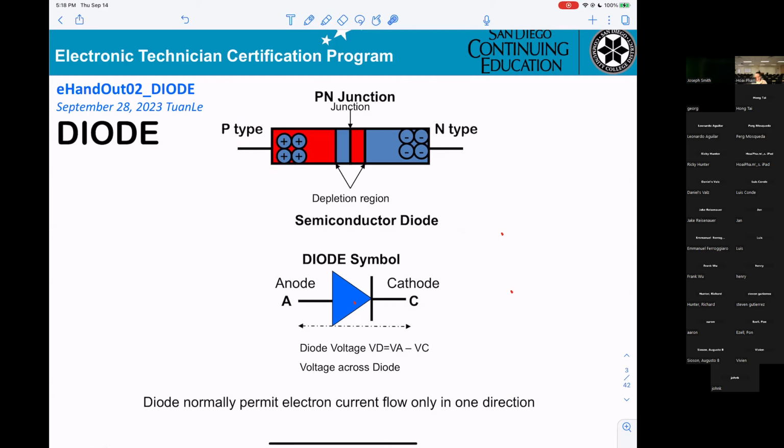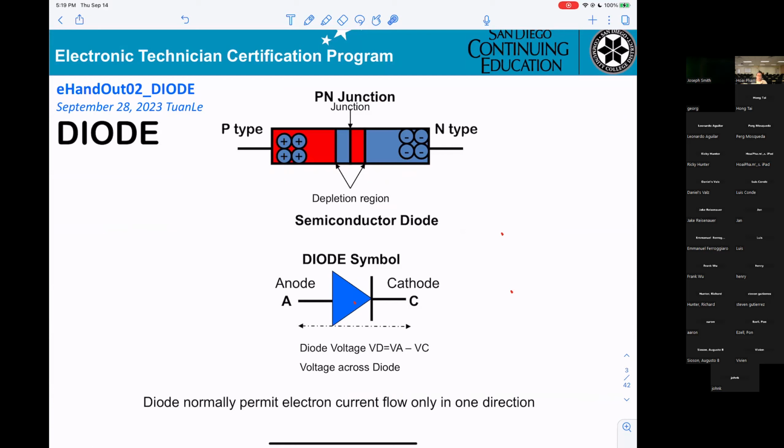Okay. When you get enough power, the electrons will be moving from the right side to the left side. That's why you get the current flowing, electron flowing. You understand me? Electron moving from right to left. However, for conventional current, it will be going from left to the right.